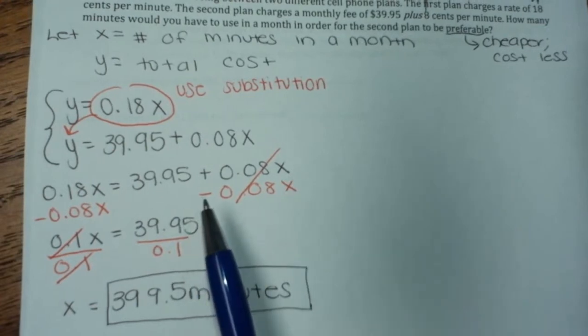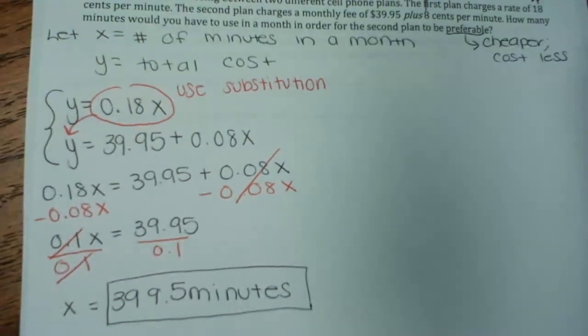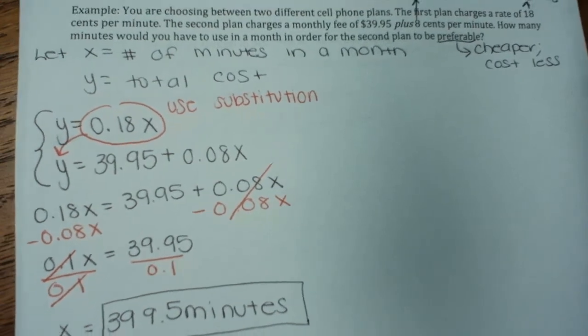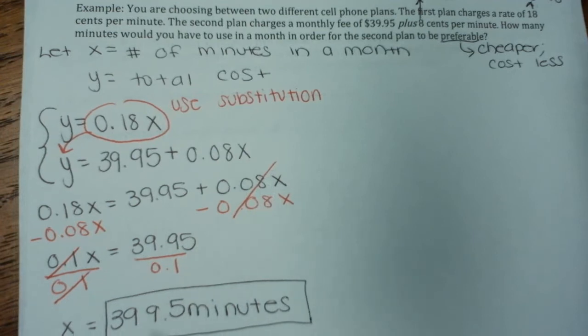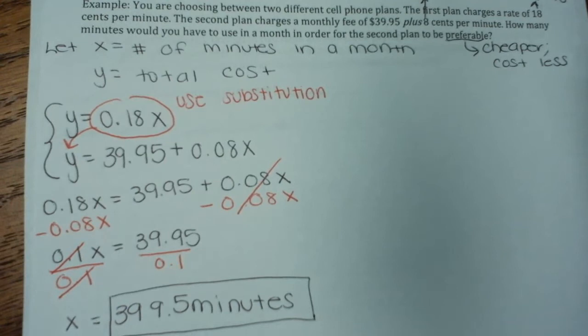So this will give us the number of minutes for them to be the same. If I have 399.5 minutes, in order for them to be the same, anything less than that would make plan 2 to be cheaper. So our answer is 399.5 minutes.